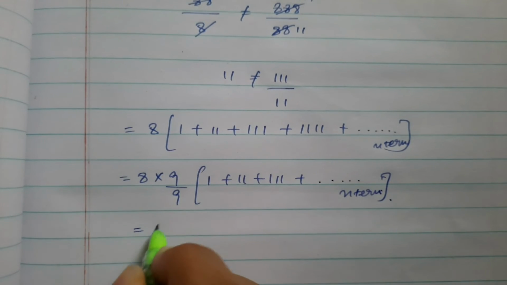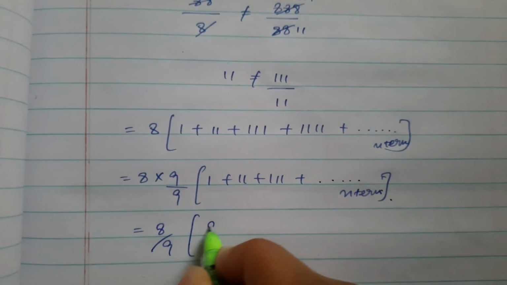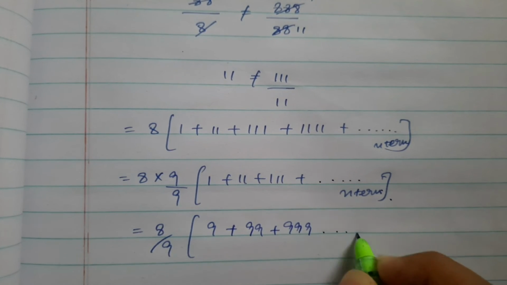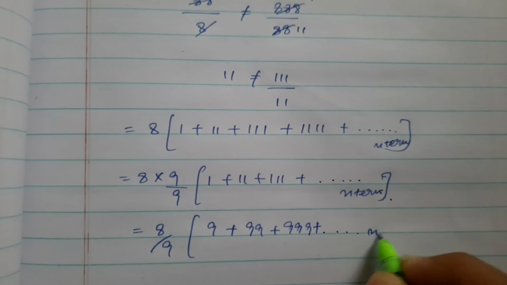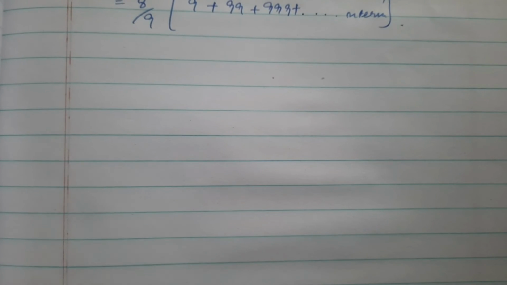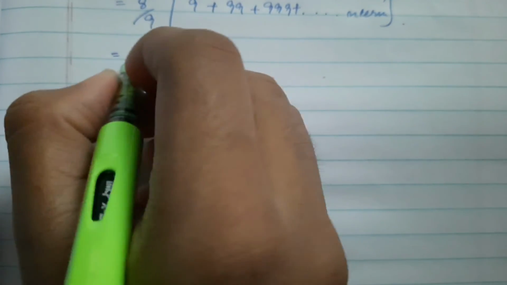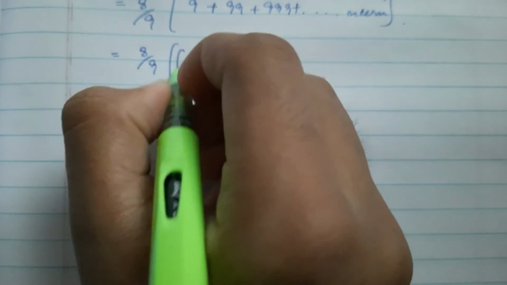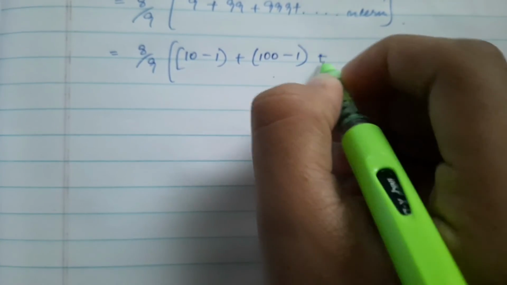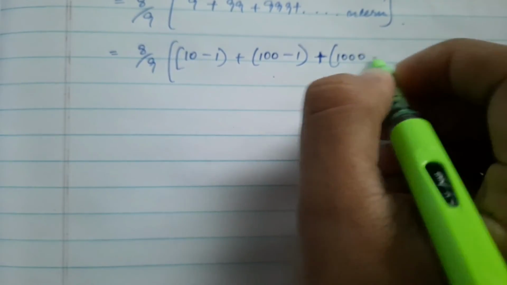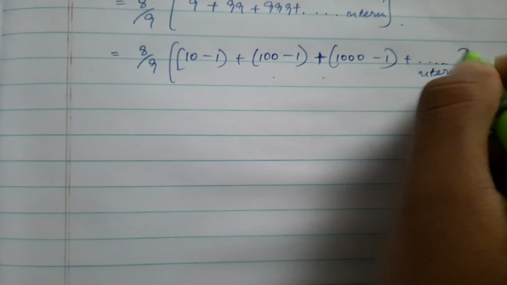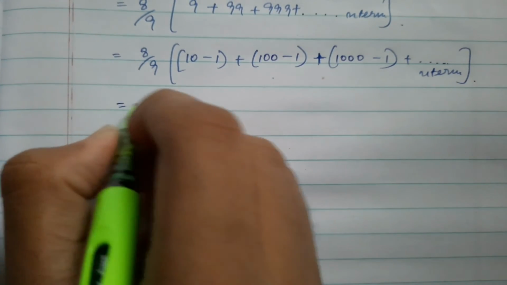Therefore 8 by 9 multiplied with 9 plus 99 plus 999 plus nth term. Now this 9 can be written as 10 minus 1. For satisfying our formula, 8 by 9, 10 minus 1, 9; 100 minus 1, 99; plus 1000 minus 1, 999, plus etc. nth term.